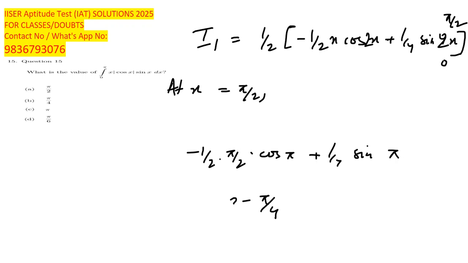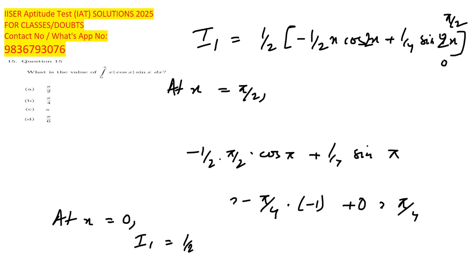So that's minus pi by 4 multiplied by minus 1 plus 0, that's pi by 4. That is at x equal to pi by 2. Now we will do for x equal to 0. So then I1 will be half multiplied by pi by 4. It will be pi by 8.